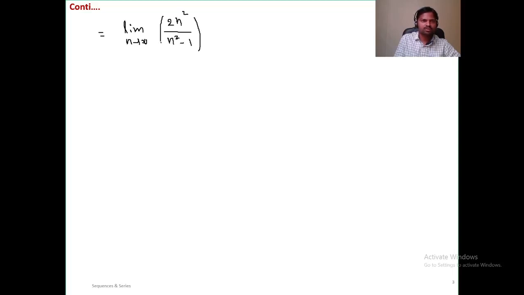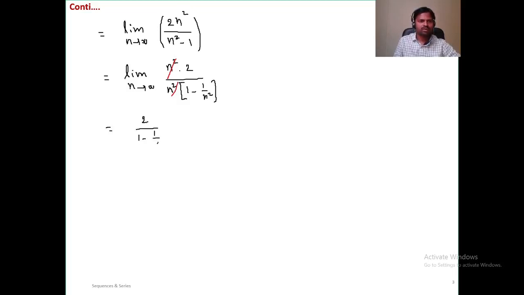In the next step you take out n square common from both numerator and denominator, and that will cancel out. So n square into 2 divided by n square into 1 minus 1 upon n square. Now the n square cancels, so what is left? 2 upon 1 minus 1 by infinity, so you get just 2.